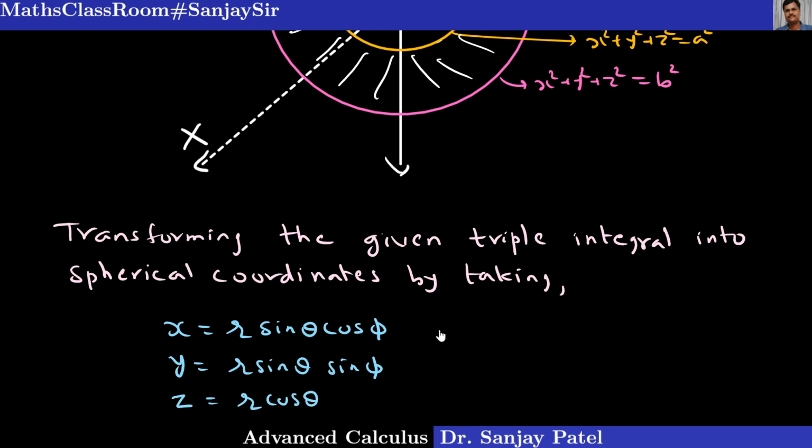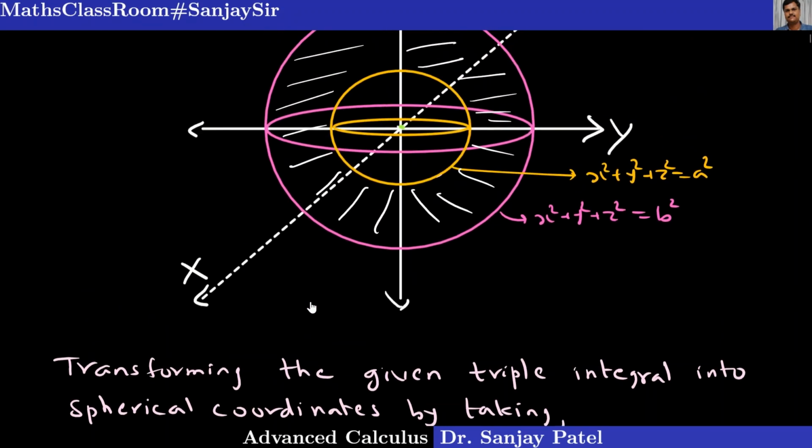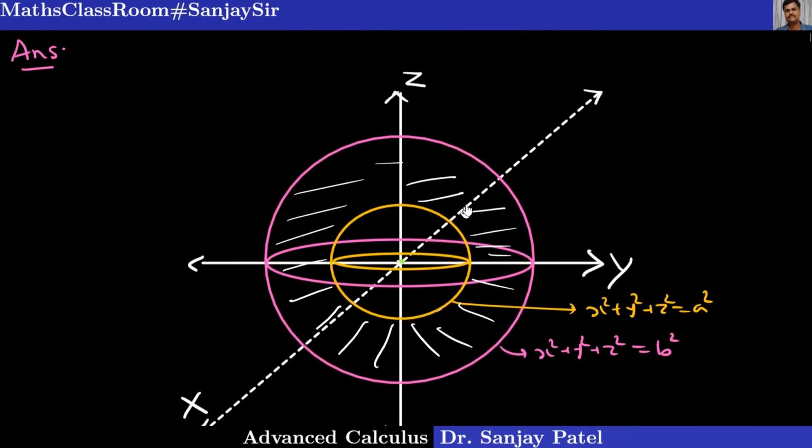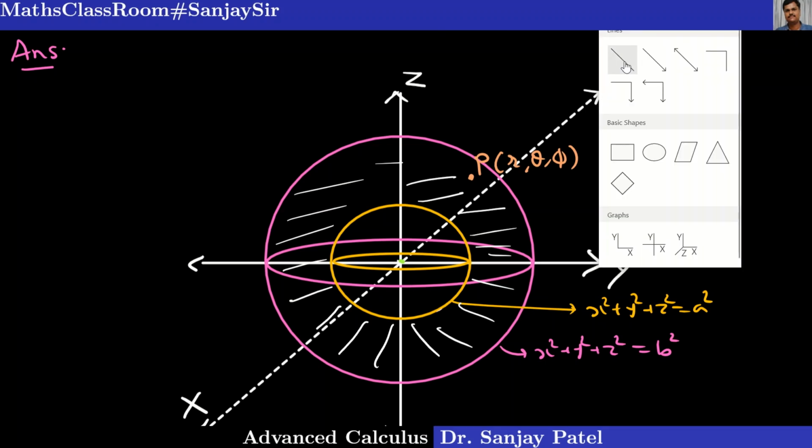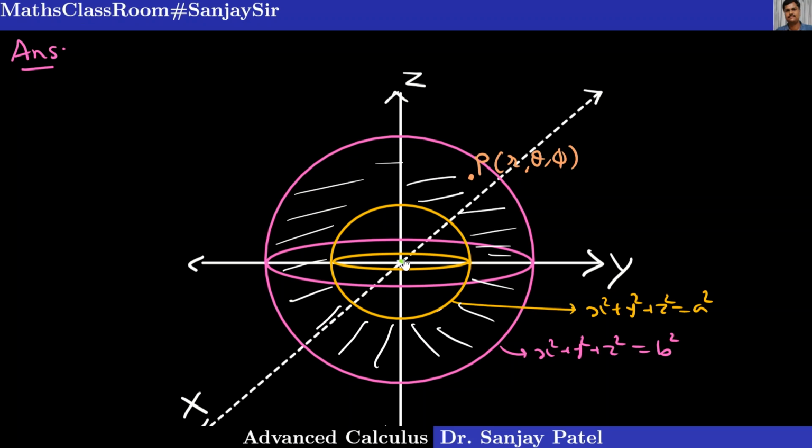And what are r, theta and phi here? They are the spherical coordinates of any point. Suppose I take any point somewhere here in the space, say P, whose coordinates are r, theta and phi. What is the meaning of r, theta, phi? We join this P and the origin with a straight line.